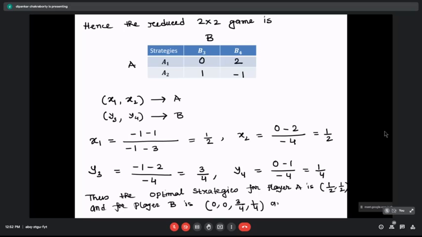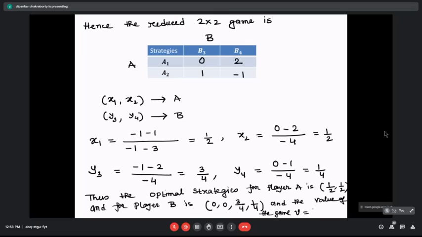And the value of the game is, what is that? Game V is what? I hope you remember that. Yes. Product of the principal diagonal, that is 0 into -1, that is 0, minus product of the other diagonal, that is 2 into 2, 4.